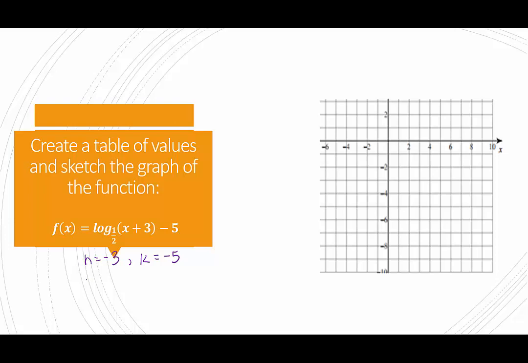Now what's the vertical asymptote? The vertical asymptote is the equation x equals h, x equals -3. And let's identify our critical point. The critical point is going to be h plus 1, -3 plus 1 is -2, comma, k, which is -5.